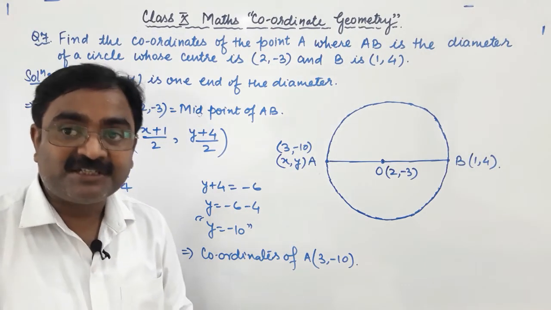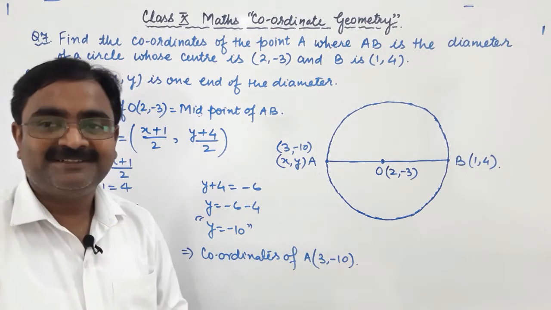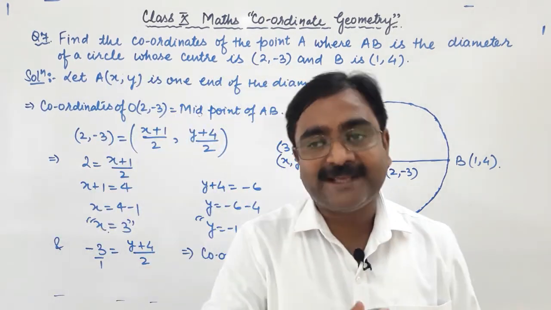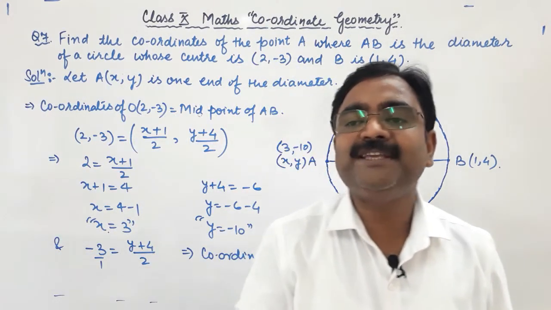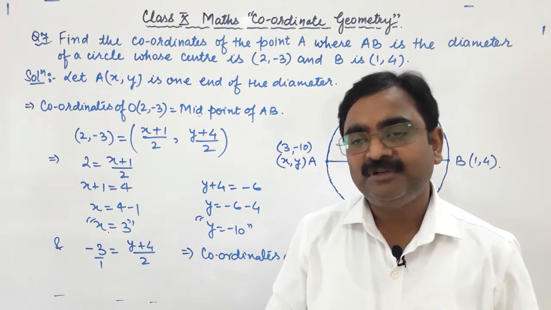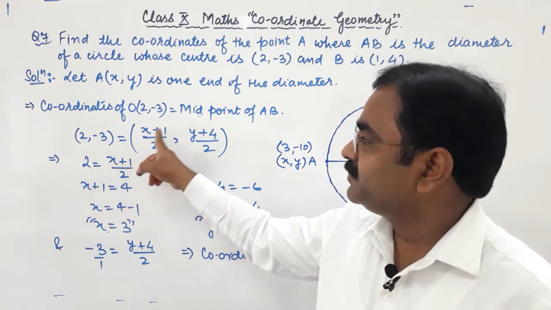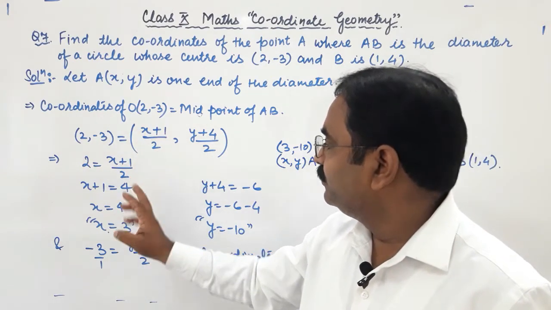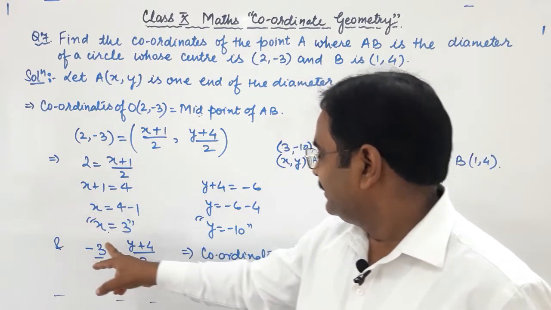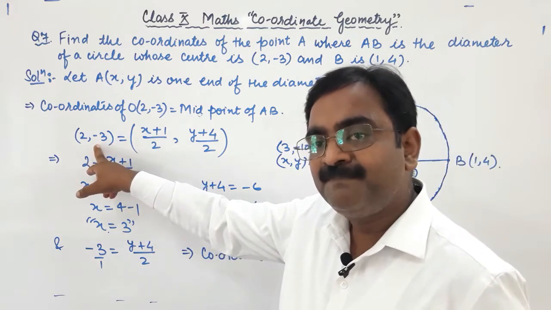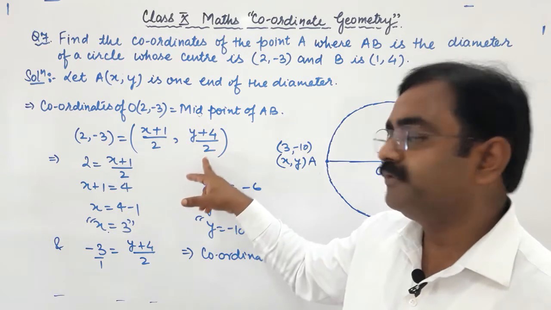You have to multiply. It is the application of midpoint. So, the coordinates of midpoints are x is equals to x1 plus x2 upon 2 and y is equals to y1 plus y2 upon 2. So, here we have taken x is equals to x plus 1 upon 2. After simplifying, we will get x is equals to 3, and the coordinate of y is equals to y plus 4 upon 2.